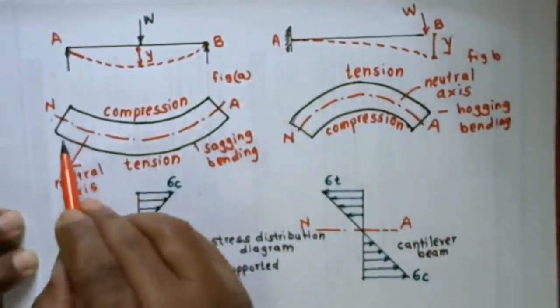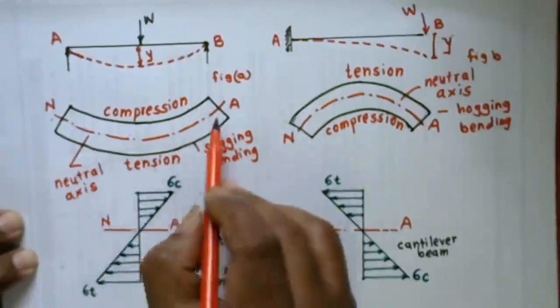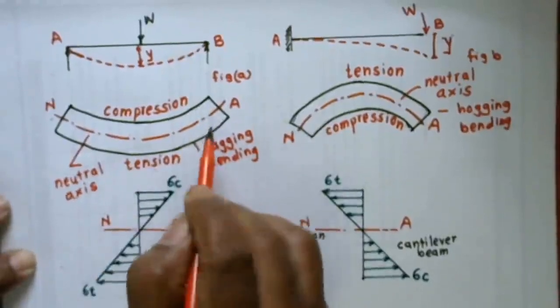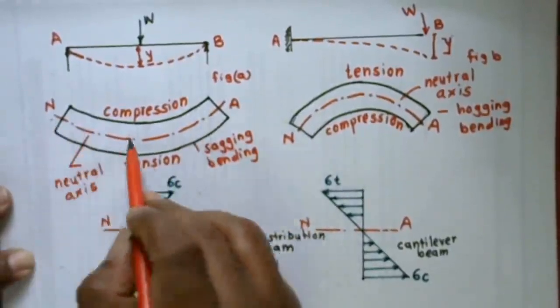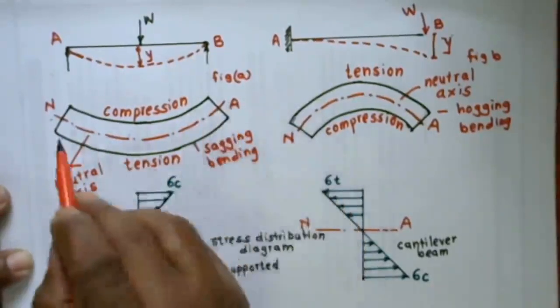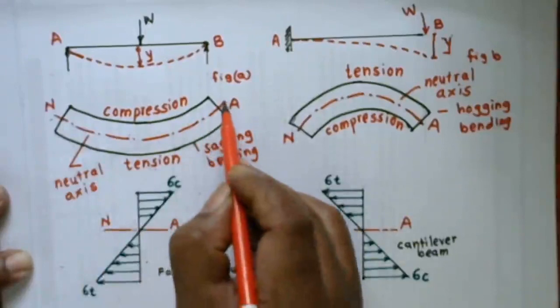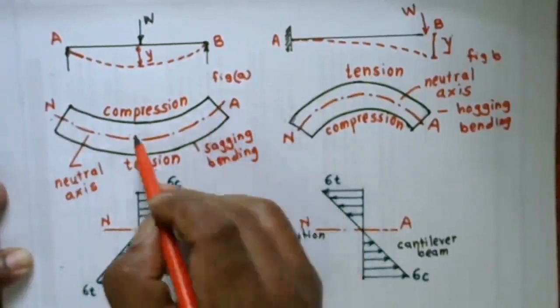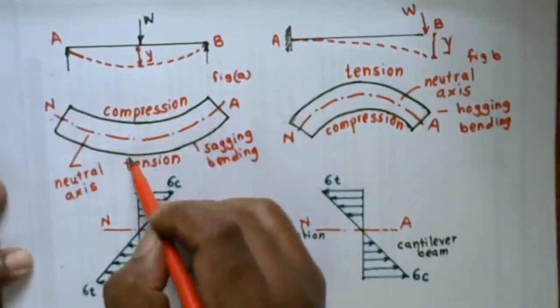So when this beam is bent in the sagging position, there is an axis, which we may call the neutral axis, which passes through the centroidal axis of the section and forms two sections of that beam.